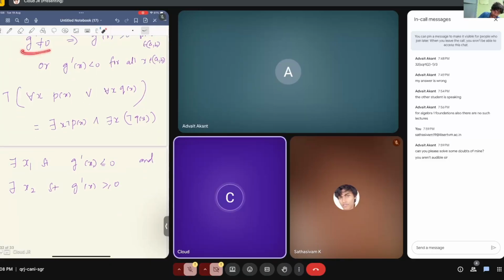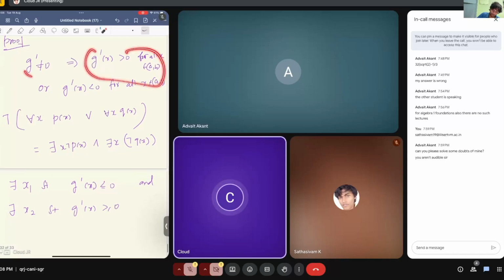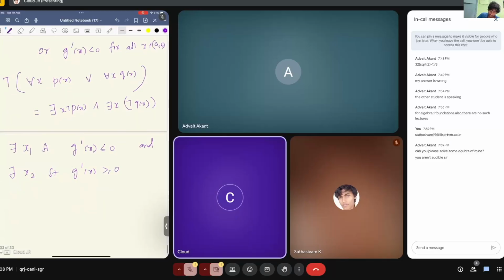So now this is just a negation, but now you have to use your hypothesis because you have the imply statement, right? So this statement is true. That by itself means there exists an x1 such that g prime of x1 is strictly less than 0, and there exists x2 such that g prime of x2 is strictly greater than 0.